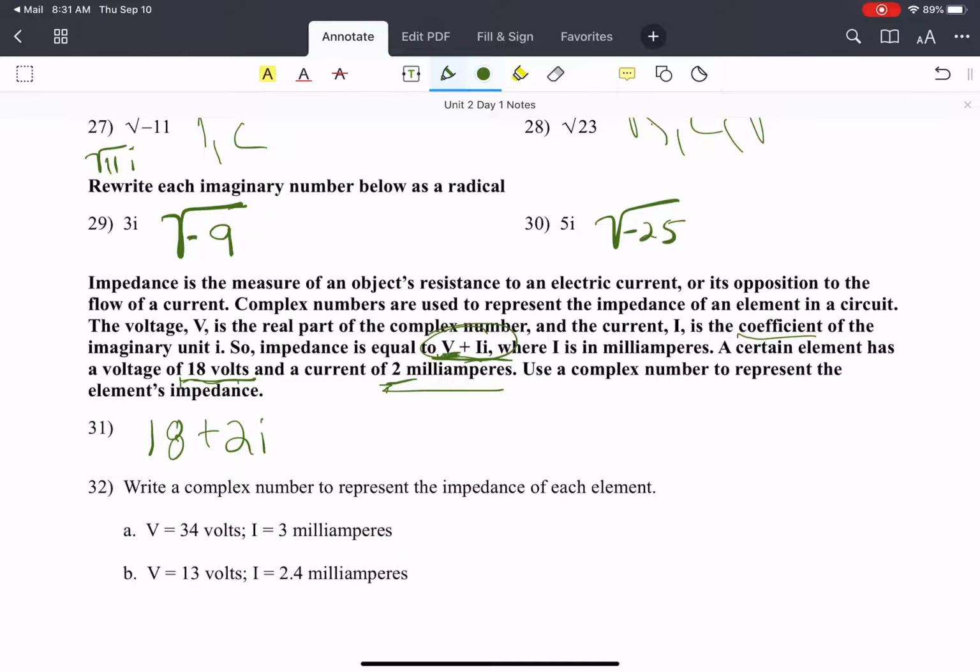Okay? Take a second and write the complex number that represents the two things on 32, and then we're done. I need 2 volunteers for the board, and then we're done. Who can do A? Who can do A? Gavin, you've answered a lot today.